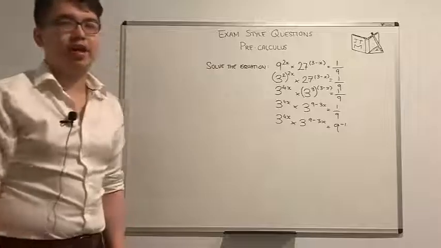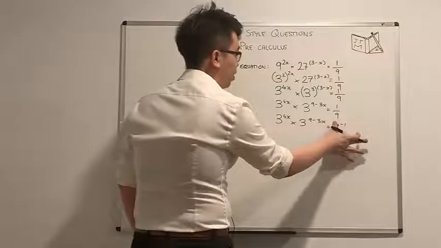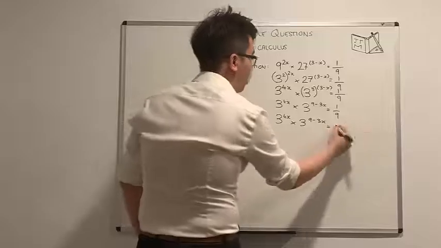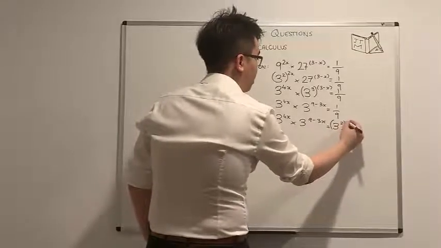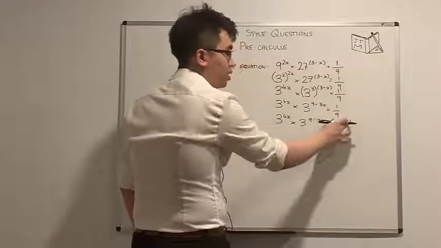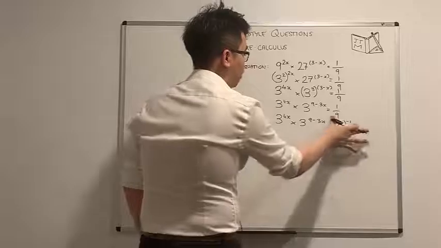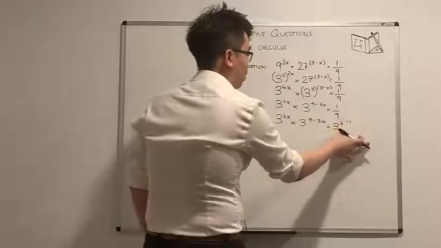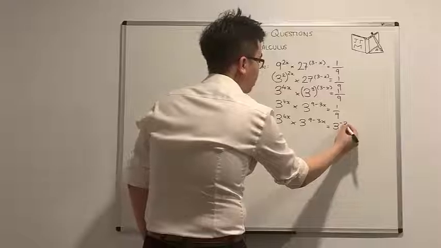Now from here, it's a lot easier to convert the 9 into a base 3. So then we'd have, instead of this, 3 squared, and then to the power of minus 1. And then once again, we can go ahead and multiply these two exponents together, which would give us minus 1 times 2 is minus 2.